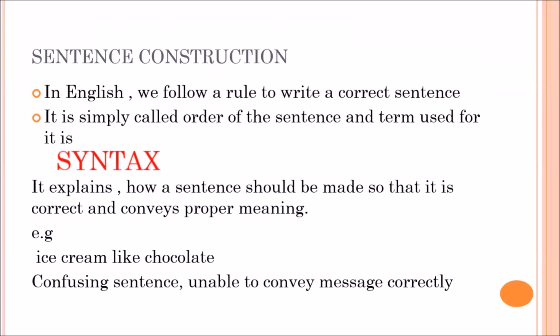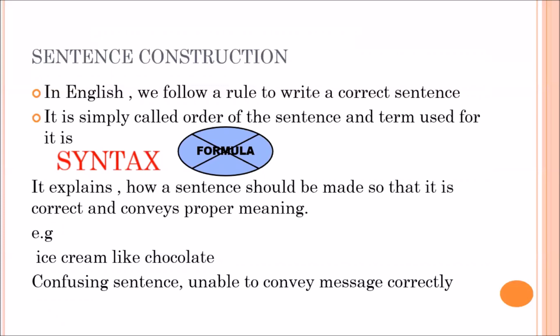And please, some students, remember, we do not have formulas in English. It is syntax, the sentence structure. It explains how a sentence should be made so that it is correct and conveys proper meaning.